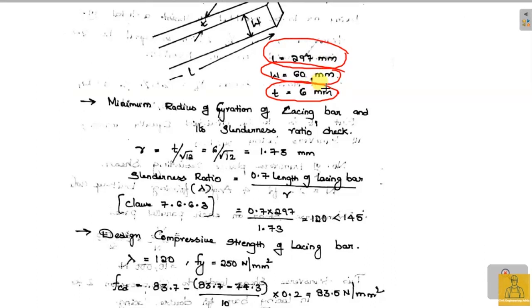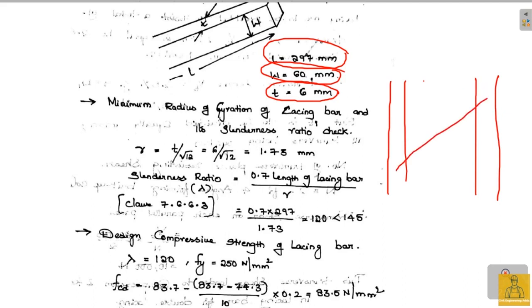Now you have to check the slenderness ratio of the lacing bar. This is how this lacing bar is. Let me draw this figure completely. This is how it is going to be. This is L. These are bolts.